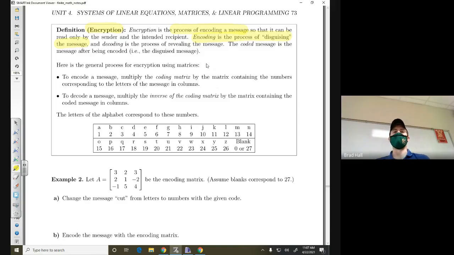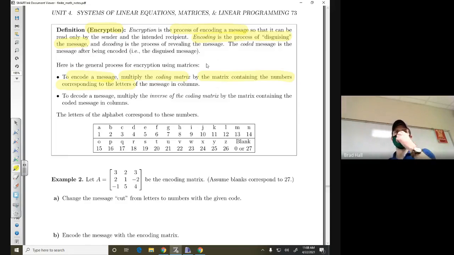But we have a different encryption method here and decryption method. We use a matrix to encode. So we're going to use a matrix to disguise the message and a matrix to undisguise the message or to reveal the message. Now, when we encode a message, which means disguise it, we multiply the matrix by the matrix containing the numbers corresponding to the letters.